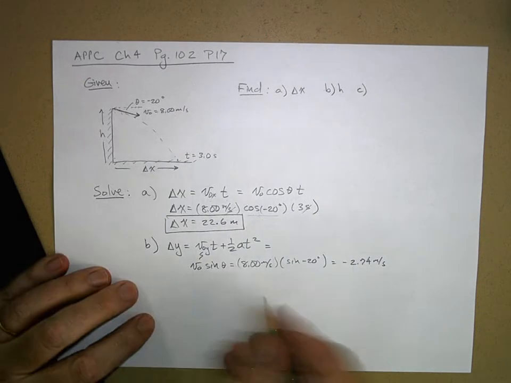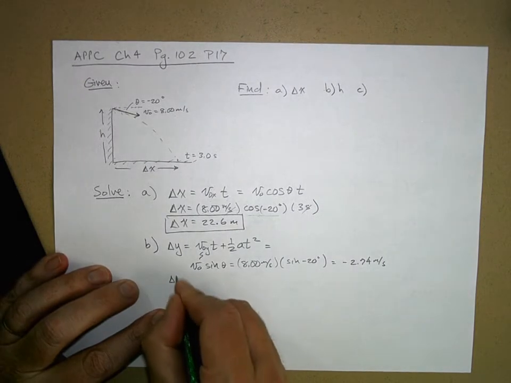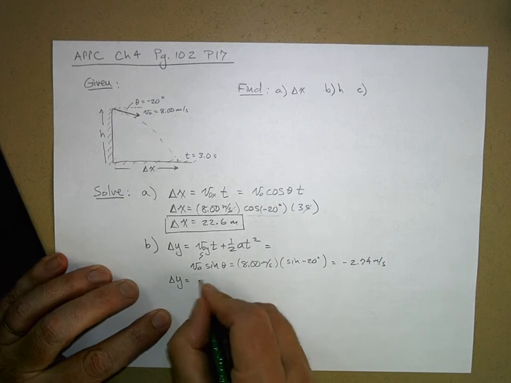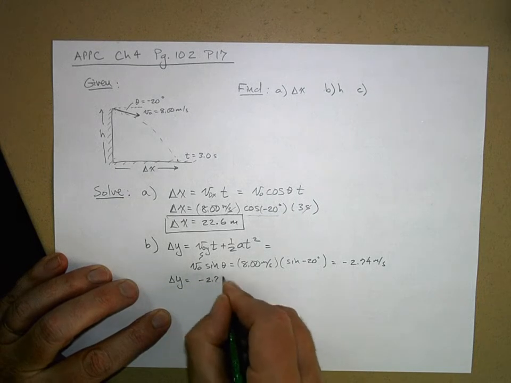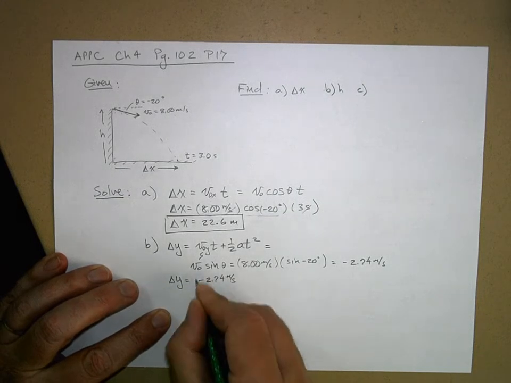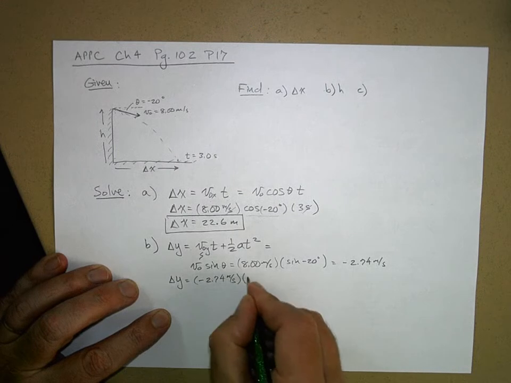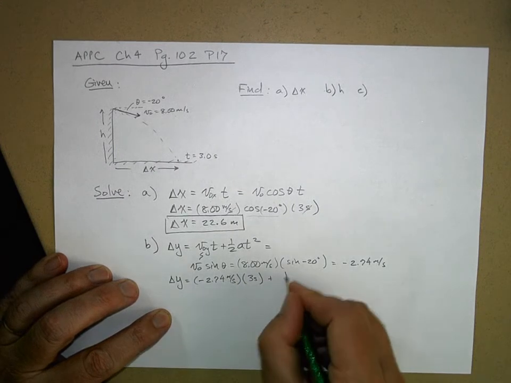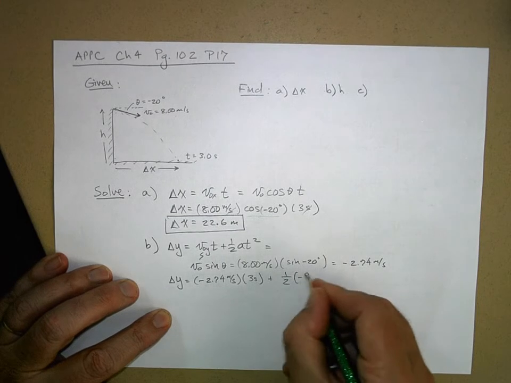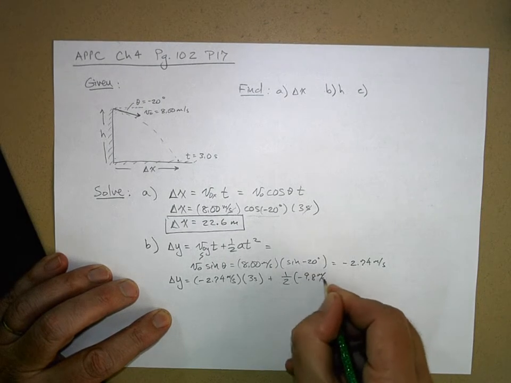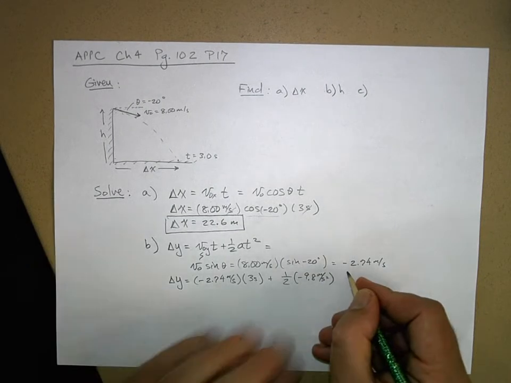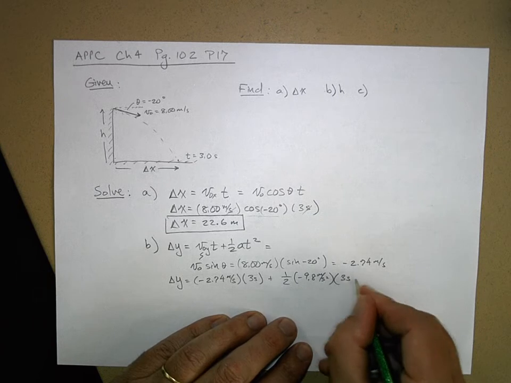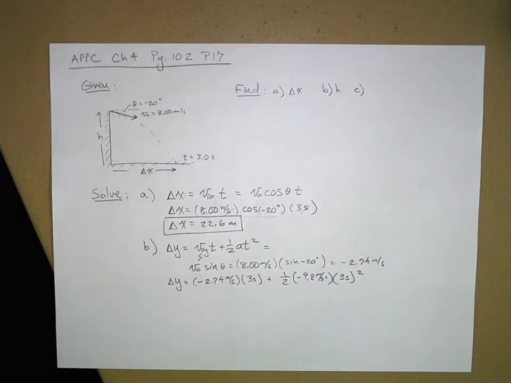So now I can plug all that in. Delta y equals negative 2.74 meters per second times time, which was 3 seconds, plus 1/2 the acceleration, which was negative 9.8 meters per second squared, times time squared, 3 seconds squared.